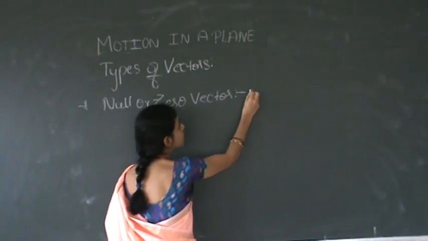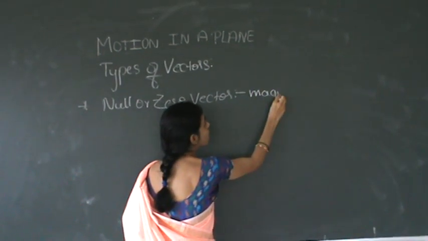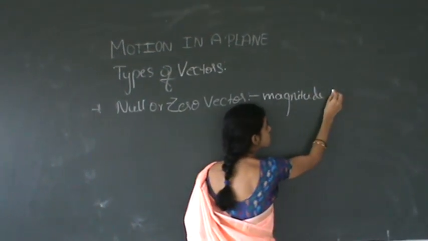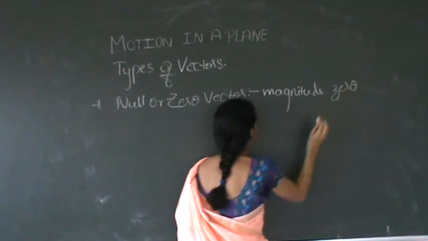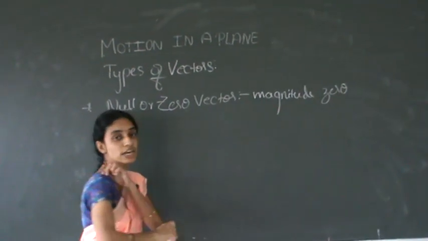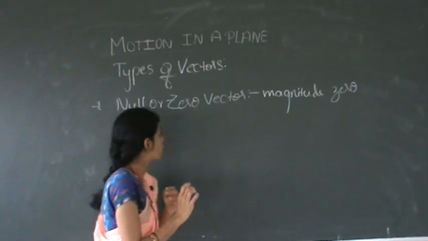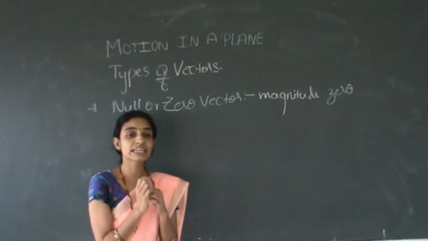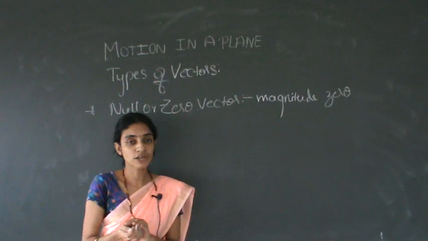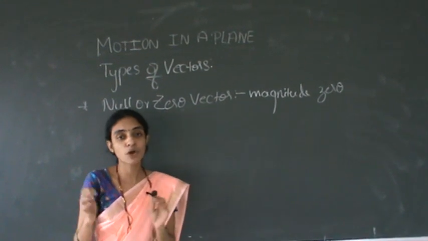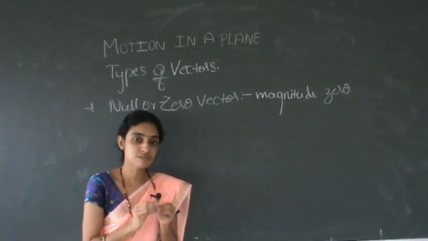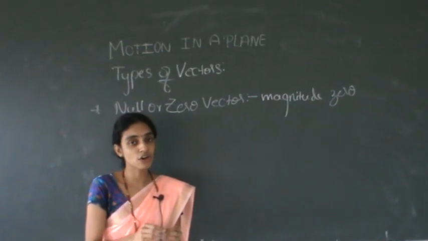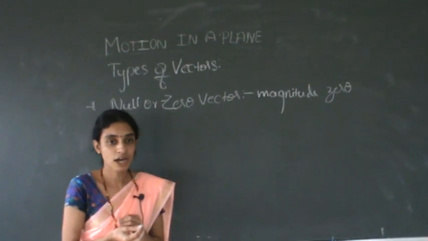If magnitude is zero, such type of vector is called what? Null or zero vector. Nothing but, initial point and the end point both are at the same single point. Then only a null vector or zero vector arises.